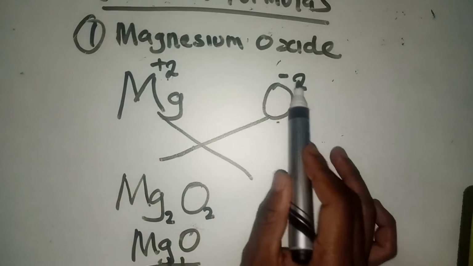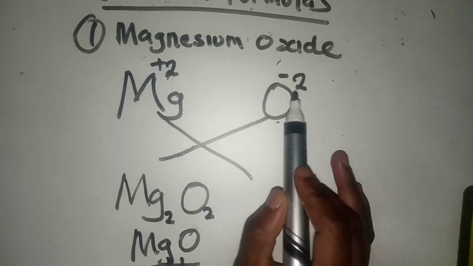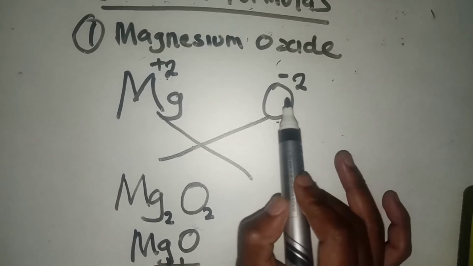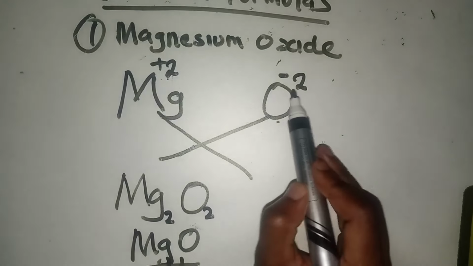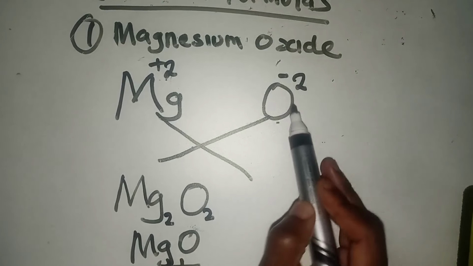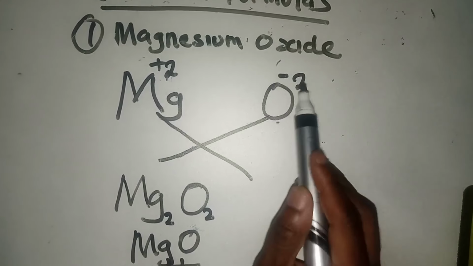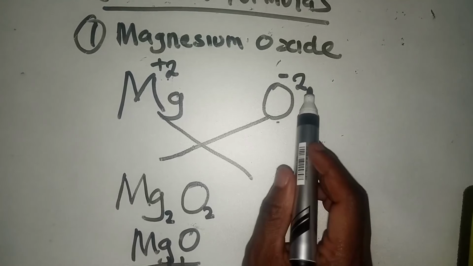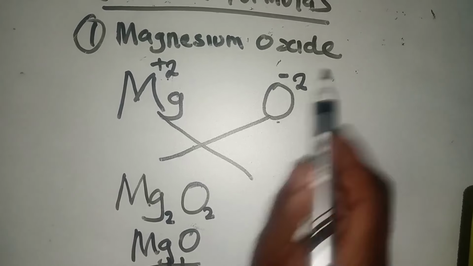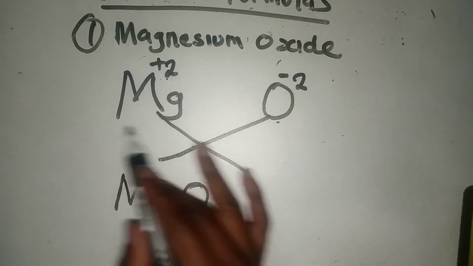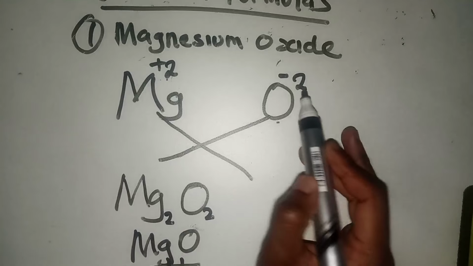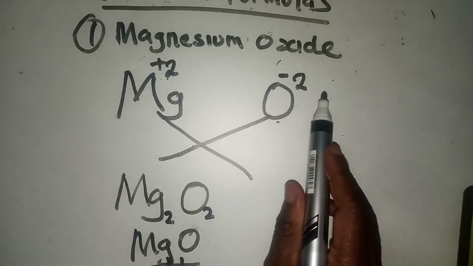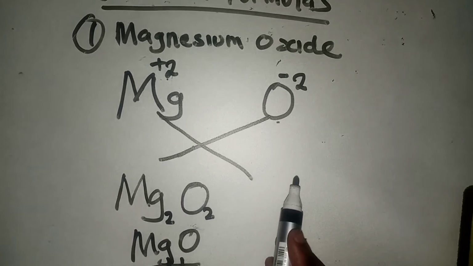Oxygen is found in group 6, and for all non-metals, to find the valence number you subtract the group number from 8. So 8 minus 6 gives a valence number of 2. Then you swap the valence numbers: the valence number for magnesium goes to oxygen, and the one for oxygen goes to magnesium.